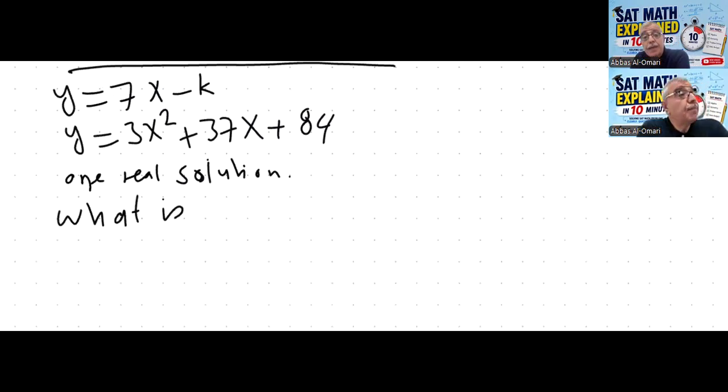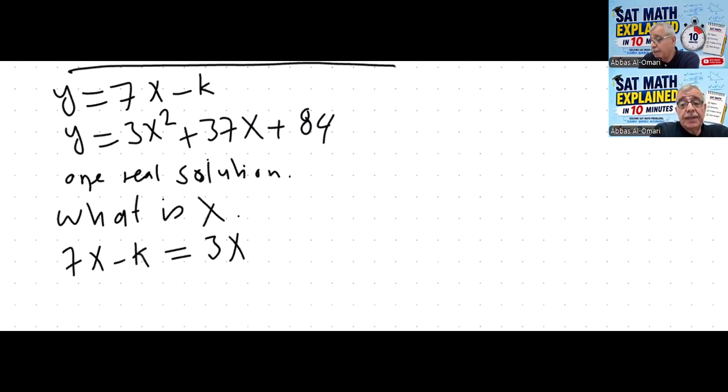First of all, let's simplify the two equations because this is y and this is y, so they are equal. So we have 7x minus k equals 3x squared plus 37x plus 84.